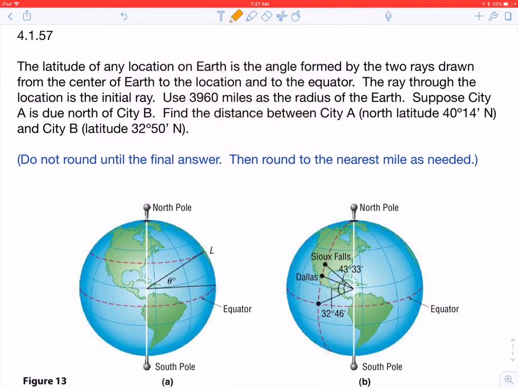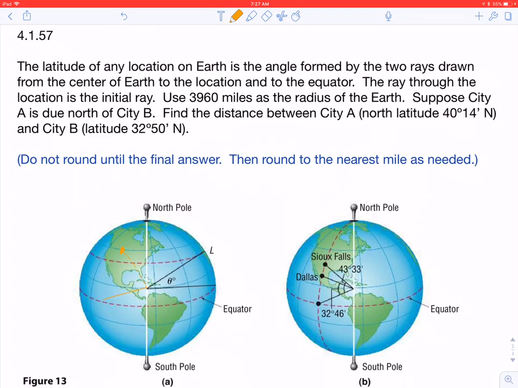Say one city was here at this orange dot, and you have this ray, and then the ray that comes from there to the equator. I guess I could draw it like, essentially something like that. This is overcomplicating it; I just want you to get a sense.